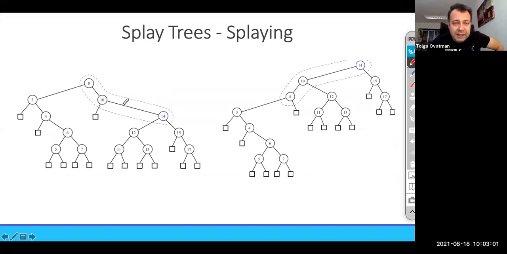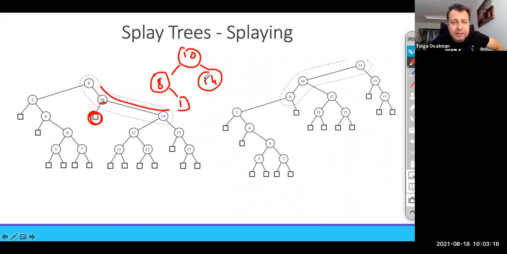If we have got this case, we make 10 the new root, 8 would be on the left-hand side with its right-hand side remaining, and we put 14 in here, and the left and right children of 14 remain. So you see, this way it's a more balanced tree. If you do it like the other way, it's not as balanced as this situation.